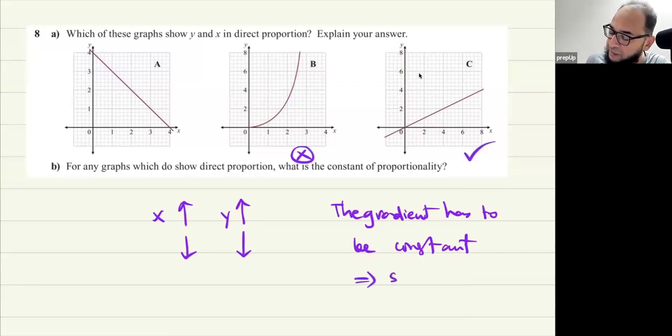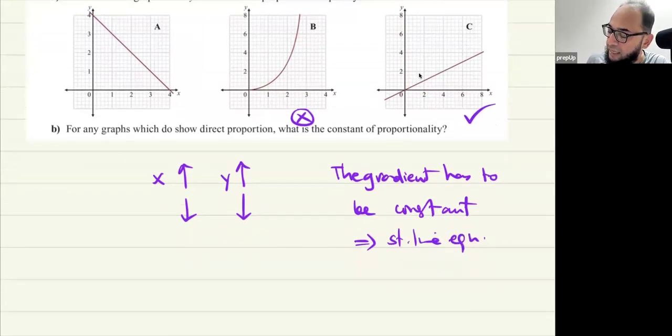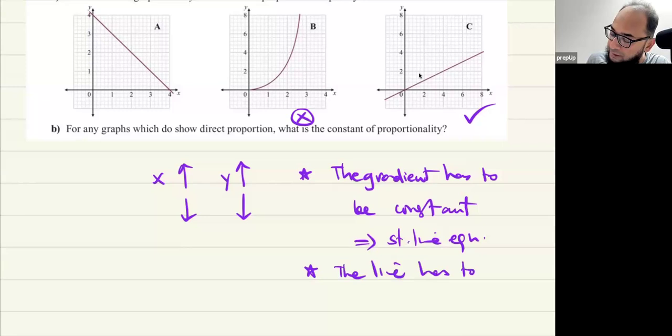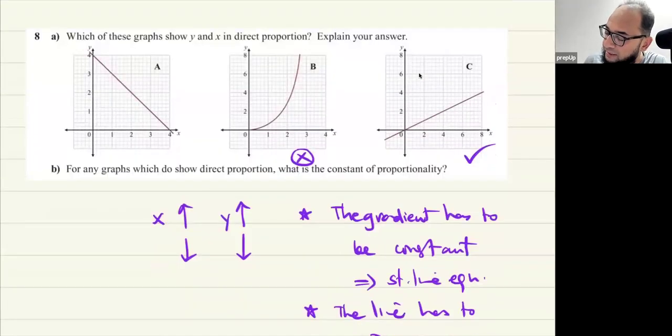That means it has to be a straight line equation. That is the concept. And at the same time, the line has to pass through origin, 0, 0. So therefore, yes, this is the one that's only fulfilling the criteria, part C.